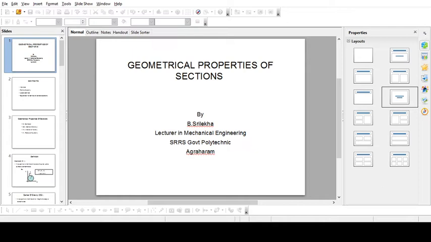So these are all various standard sections, and whatever might be the geometric section that is given to us, we are going to divide that into the standard sections and do the job.